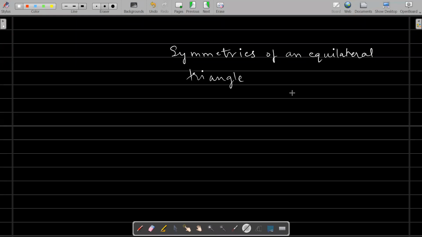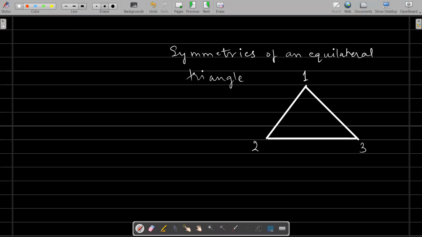So I have a figure in a plane. So what is an equilateral triangle? All angles are equal, all sides will be equal. And let me name them as, say, vertex number 1, vertex number 2, vertex number 3.